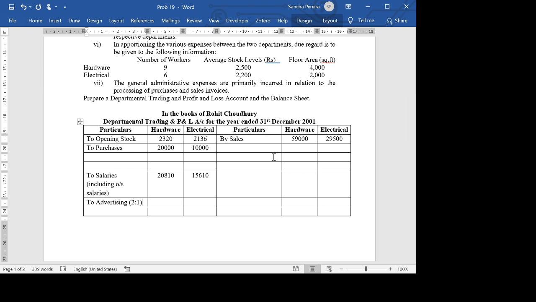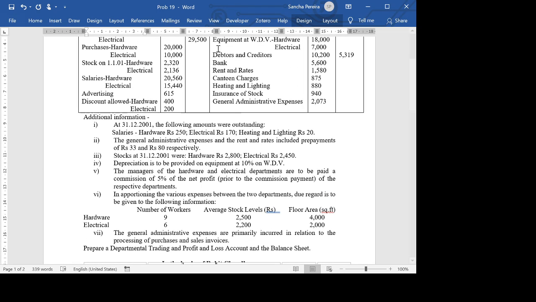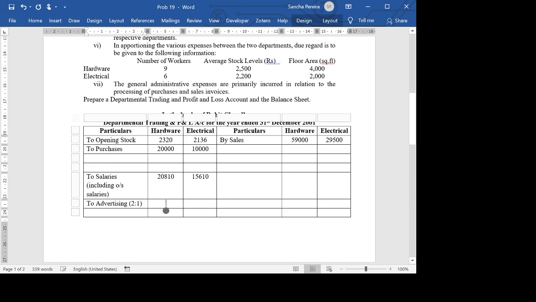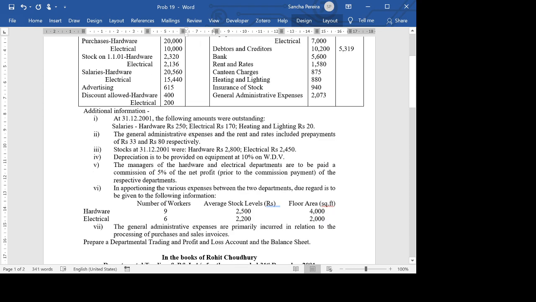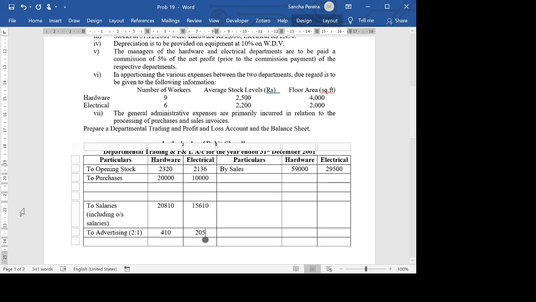You can check it out for yourself. So advertising 615 divided in the ratio of 2 is to 1, we will get 410 and 205. Then there is discount allowed, hardware and electricals given separately already. To discount allowed.